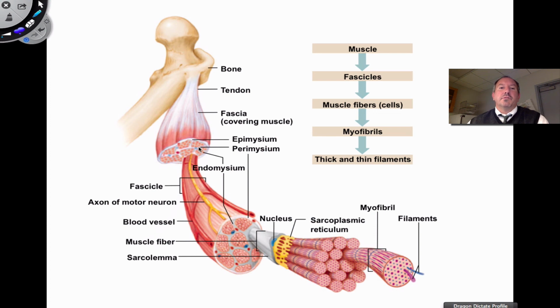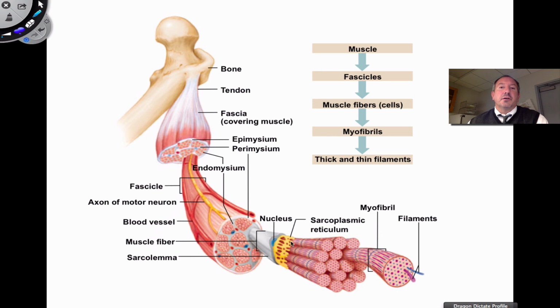Now, these little bundles right here are called fascicles, and when you remove them like this, each one of these is a muscle cell. A muscle cell is kind of weird. It's really long and tapered, and the inside of it has so much protein, so many microfibrils, that it almost doesn't even look like a cell. This yellow region is the endoplasmic reticulum of a muscle cell, and that's where calcium is stored.